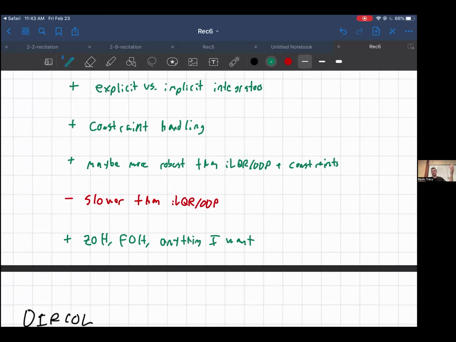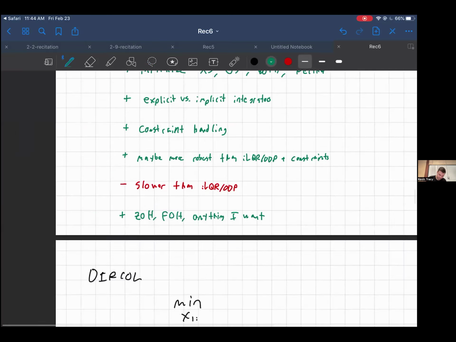So we often do things with a zero order hold where we're saying that we have n x's and n minus one u's. This is just because we need the x and u to get to the next time step. I don't have to do that in DIRCOL. In fact, what Zach went over in class has me do a first order hold on the controls. So you can do that if you want to. These things aren't super important and they'll never really change how well a problem solves, but it's just nice to know that I don't have to use a zero order hold or a first order hold. I can use kind of anything I want to.